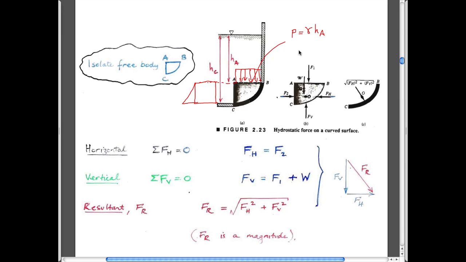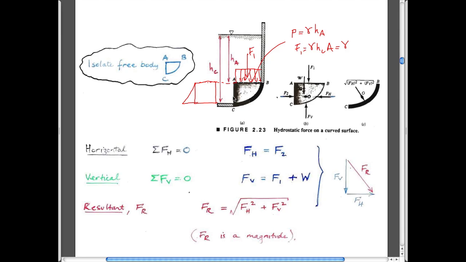The other way to do it, of course, would be to calculate what F1 is, which we can do straight away. And F1 is going to be what? It's going to be the unit weight of the fluid, the height of the centroid of the plate, times the area. The area of the plate is going to be, well, let's just write it out. Unit weight, the height of the centroid is what? It's this plate. It's this water surface that we have here. So it's the centroid of that plate, which is just going to be bang slap in the middle of it, right?